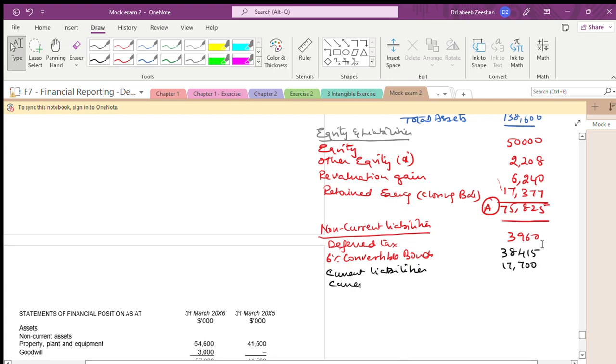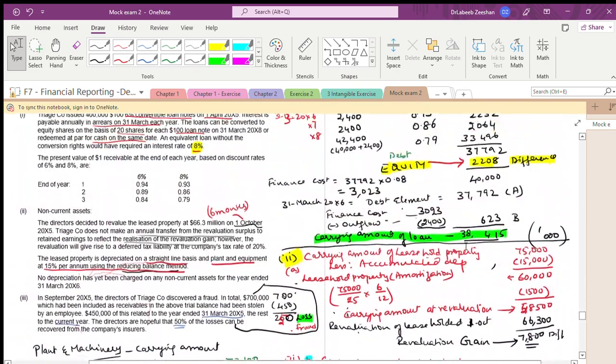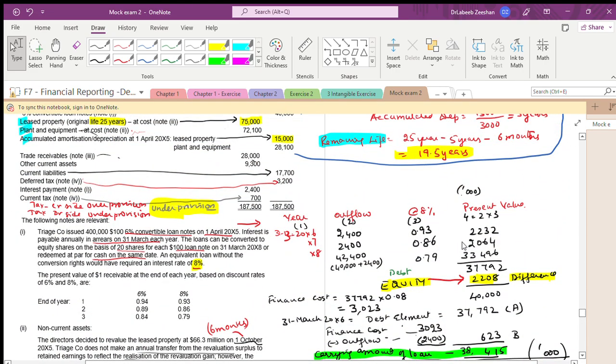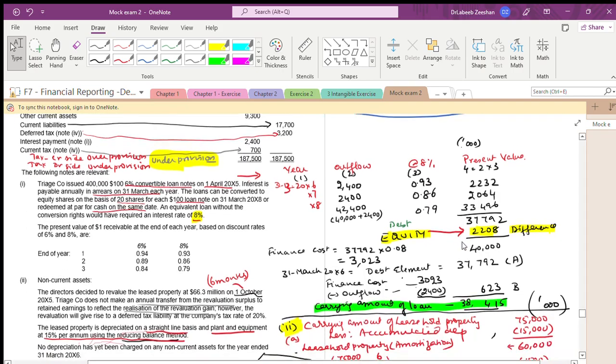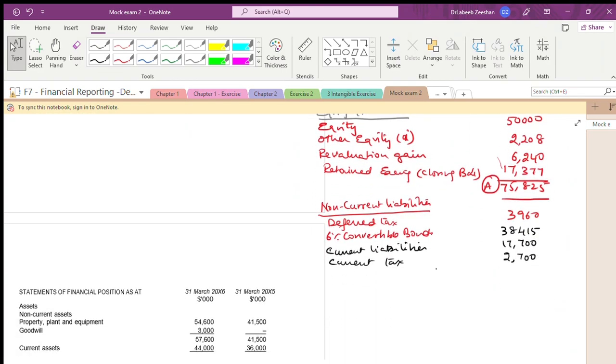Current tax is 2.7. That's all. Nothing else is there. We have taken interest payments, we have done that. Fine. Now do the total, how much will you get?